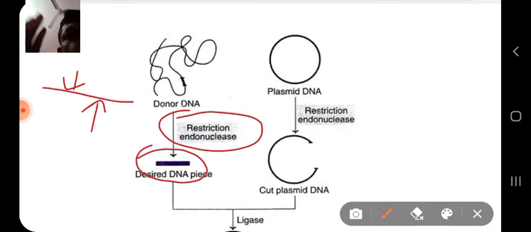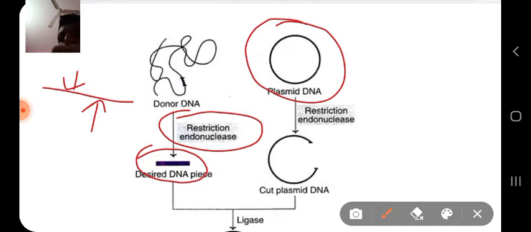We need some carrier molecules to carry this desired DNA, and that's why we use plasmid DNA. Plasmids are extra chromosomal double stranded circular DNA molecules found in prokaryotic cells that are capable of independent replication. With the help of the same restriction enzymes, we also cleave the plasmid DNA.